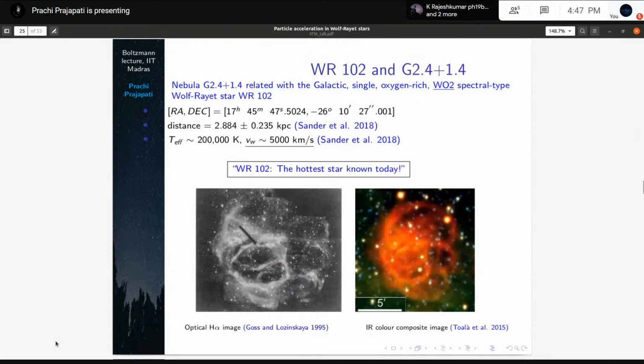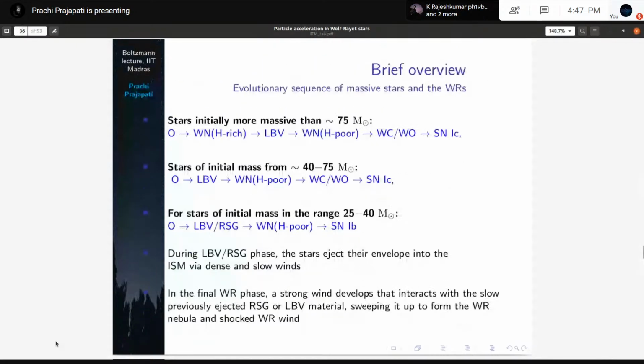There are three different evolutionary sequences: stars with initially more than 75 solar masses go through the WN phase and then eventually WC or WO, and end their life as supernova type Ic.